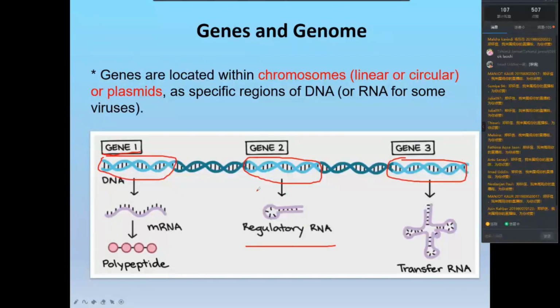So the product of this gene is just RNA, not protein. And for this gene, it encodes a transfer RNA. Okay, this transfer RNA is useful for protein synthesis, but it's only an RNA molecule. It does not translate into protein sequence. So these are genes. They are specific fragments on the chromosomes or plasmids. There are also genes on the plasmids.